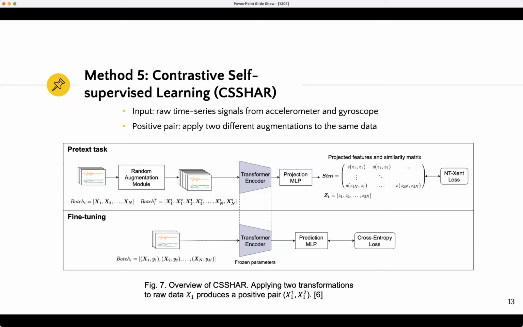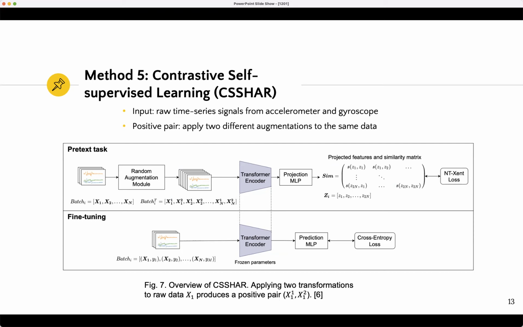So let's talk about the fifth method. It's also the state-of-the-art method, which is contrastive self-supervised learning. This work is inspired by augmentation techniques widely used in computer vision. The main idea is to randomly perform two different augmentation methods on one input.